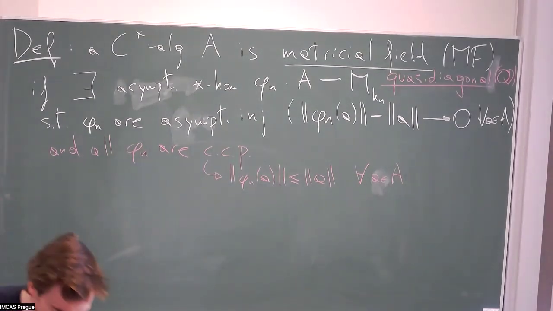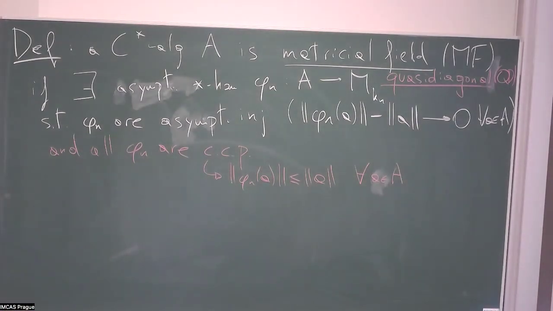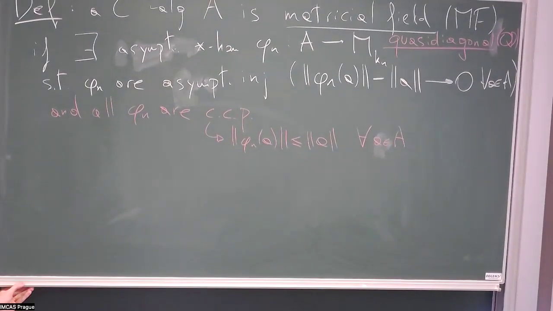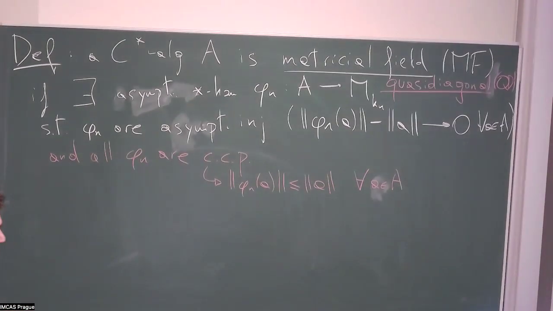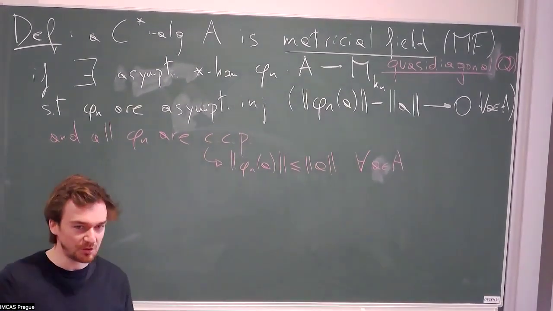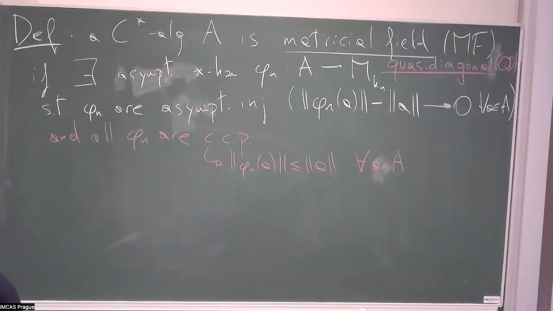Great. Okay, now the question is, can we come up with some nice examples? Which C-star algebras satisfy this sort of property? Which ones don't?